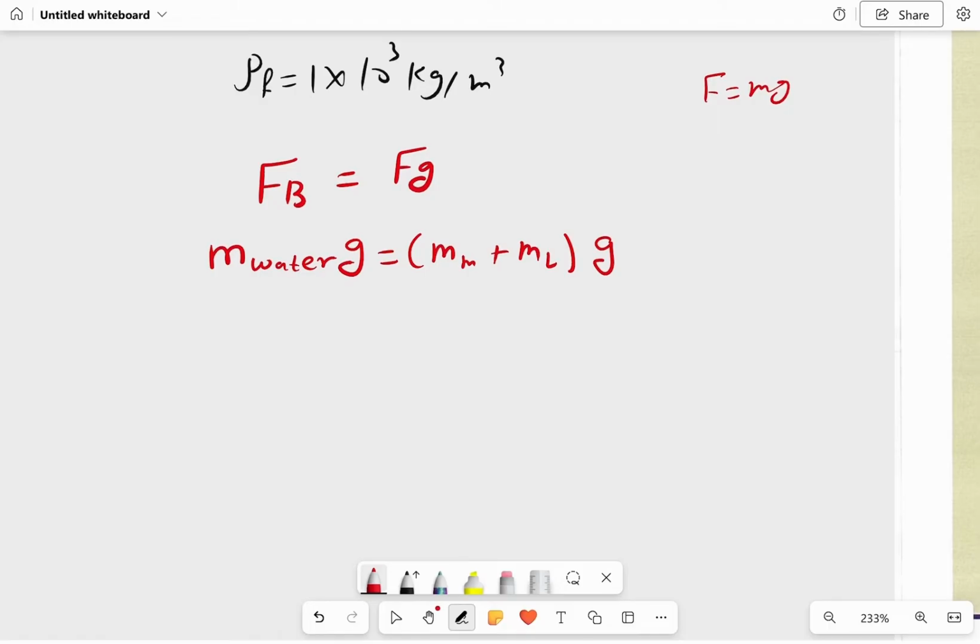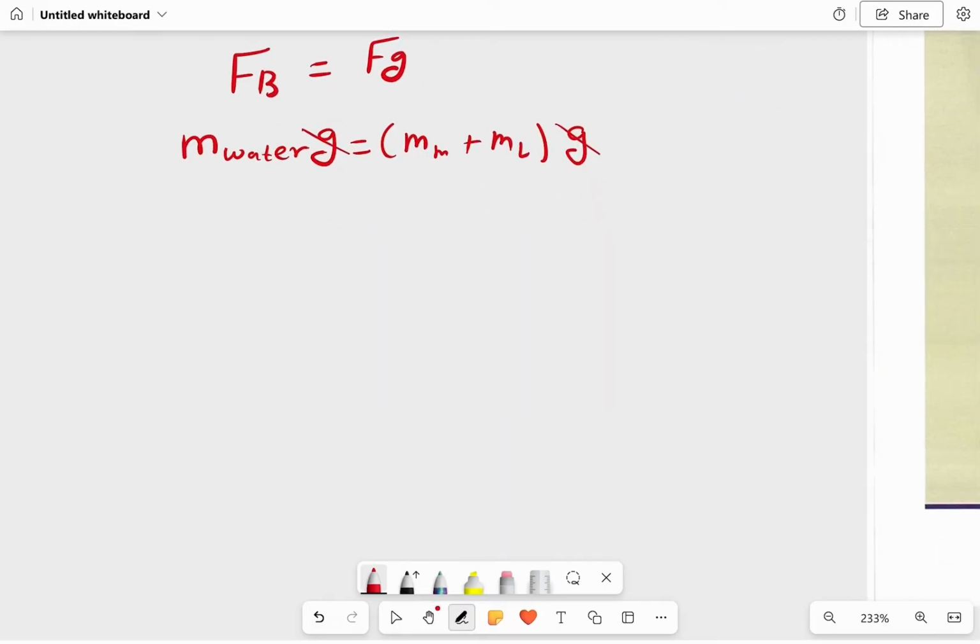Now, as you know, this one goes with this one. What remains is the mass of the water, which is equal to M plus M of the load.